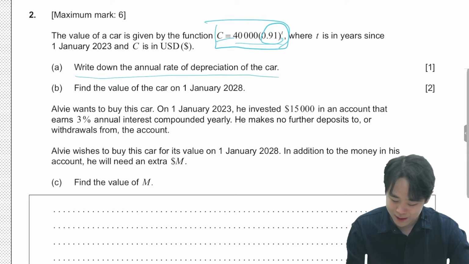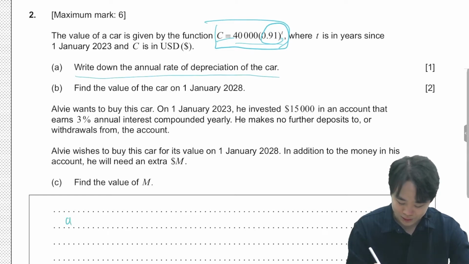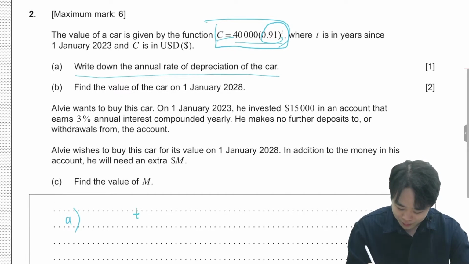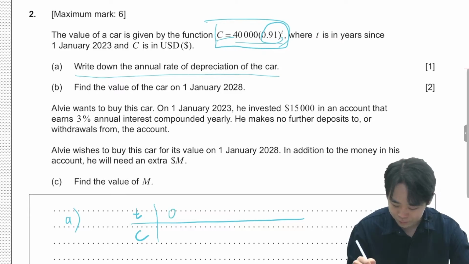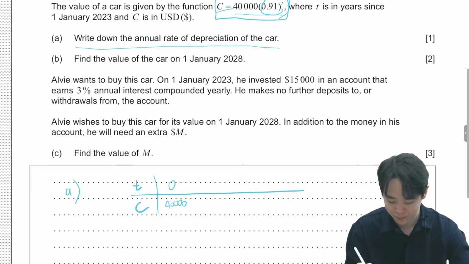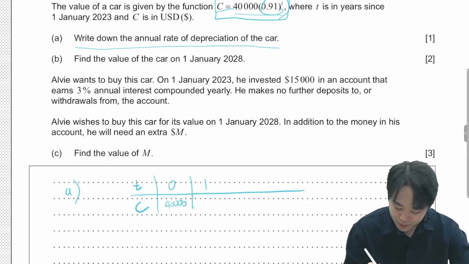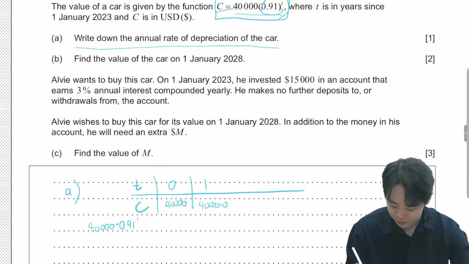So first it says, what's the annual depreciation rate of the car? What I would set up is I would go with the t and the cost. Right? So at time 0, we might start off with $40,000. So the car is worth $40,000, but 1 year later, we're multiplying by 0.91 once. So we get 40,000 times 0.91.